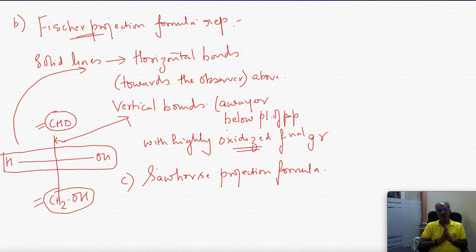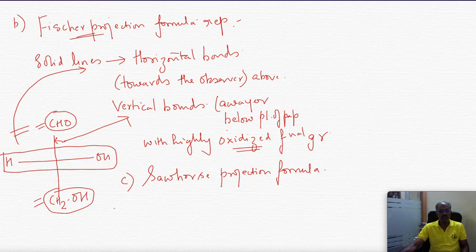Now it is Sawhorse projection formula. This is very important. Just make a note of everything. If it is vertical, that means it is going below the plane of paper, with a highly oxidized functional group. Whereas in the horizontal format, it is coming towards the observer.